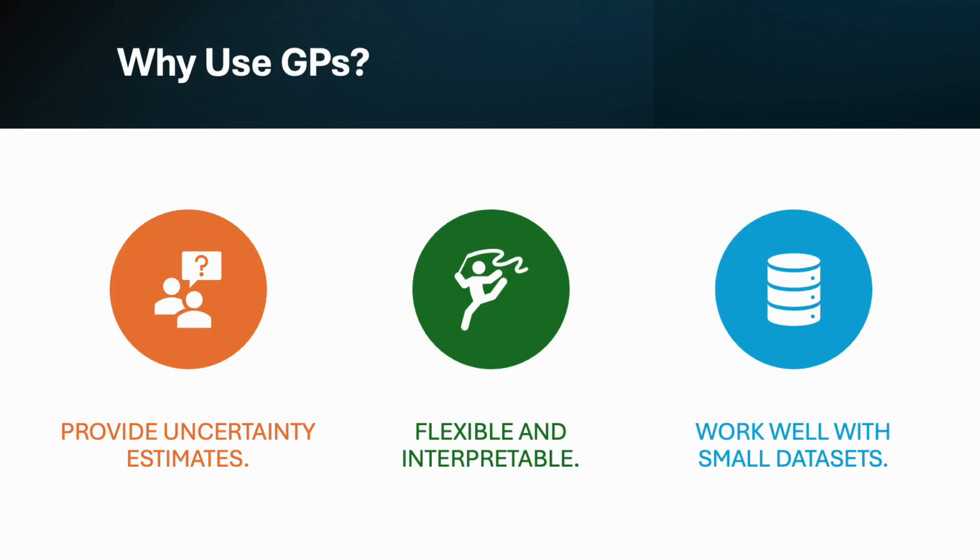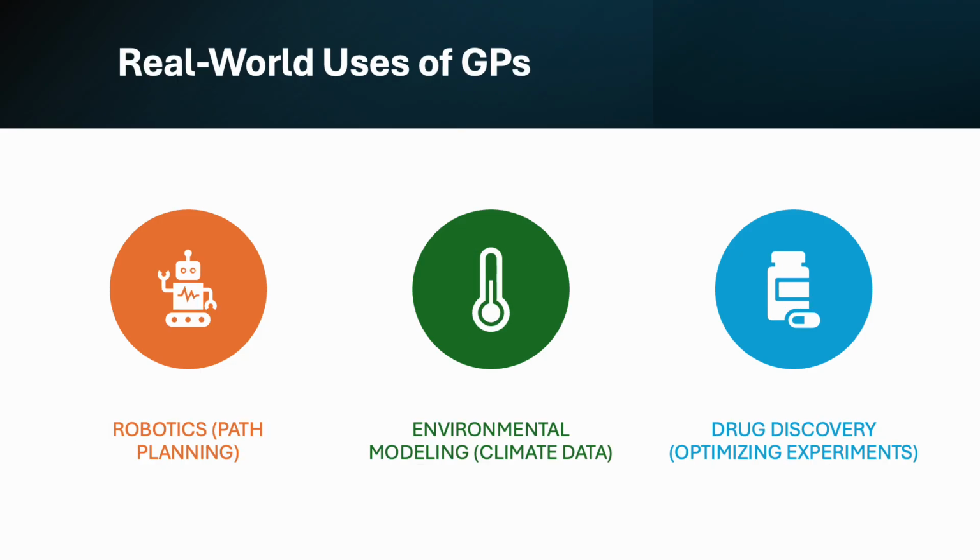Why use GPs? They provide uncertainty estimates as mentioned in the healthcare example, and they are flexible and interpretable. So if a change happens in the remote patient monitoring, the alerts can go to the PCPs or the principal care providers. That will take care of you using the telemedicine practice. They work well with small data sets because usually the blood pressure and the blood sugar data of an individual is not that big.